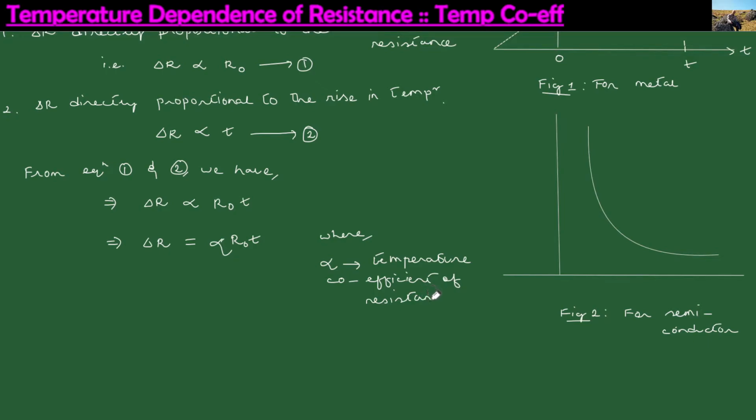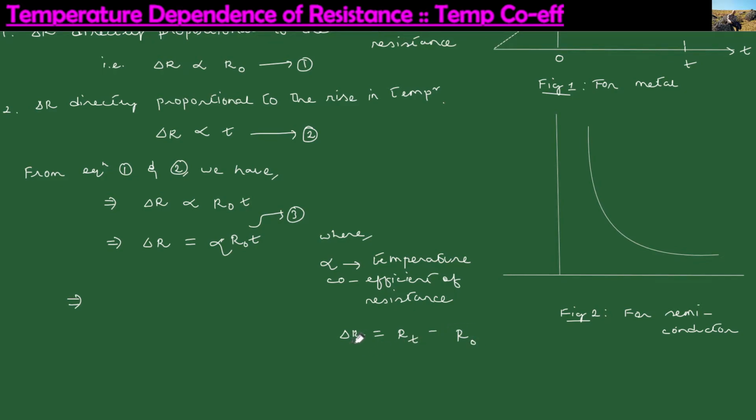Now we will mark this as relation number 3. We also know that this delta R is nothing but the resistance of the conductor at temperature T, RT, minus the resistance of the conductor at 0 degree centigrade, R naught.